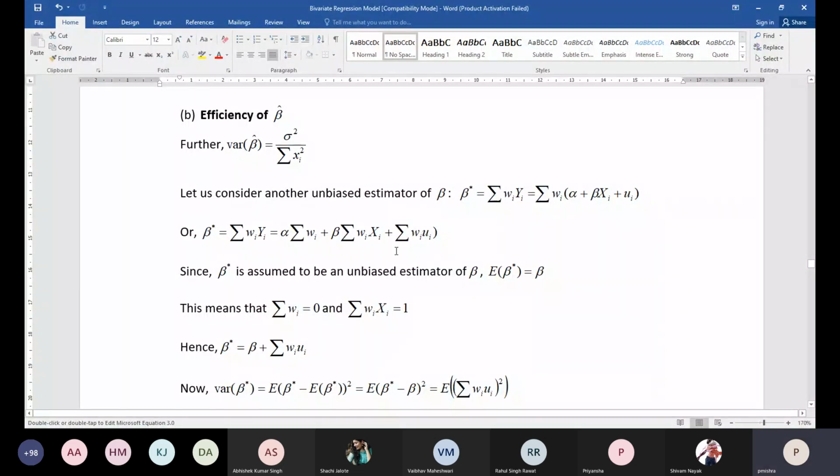Now, if beta star is an unbiased estimator of beta, that means expectation of beta star is equal to beta, then summation of wi is equal to 0 and summation of wi capital Xi is equal to 1. If these two are not true, then we will not get it as an unbiased estimator. So by assuming expectation of beta star is equal to beta, we are basically deriving these two conditions: that summation of wi is equal to 0 and summation of wi capital Xi is 1.